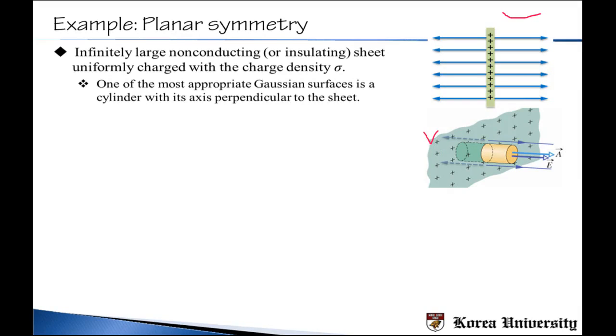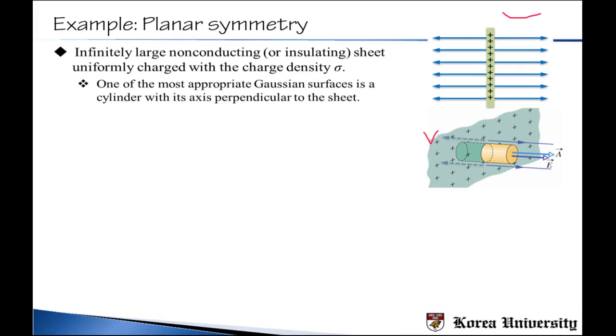Well, in the previous page, we tried a box-shaped Gaussian surface. Well, it's also okay. It doesn't really matter because in this case, the shape of the sidewall doesn't really matter. So therefore, you can certainly try the box shape, but here we will try the cylindrical shape.